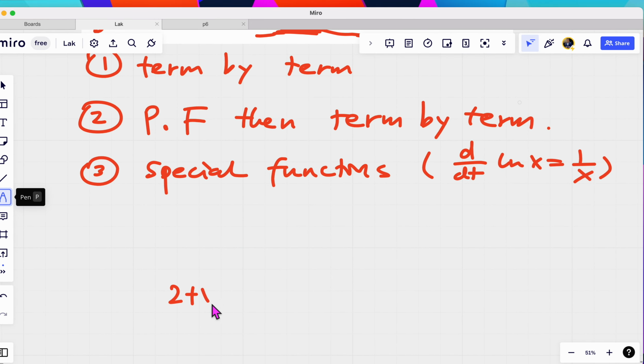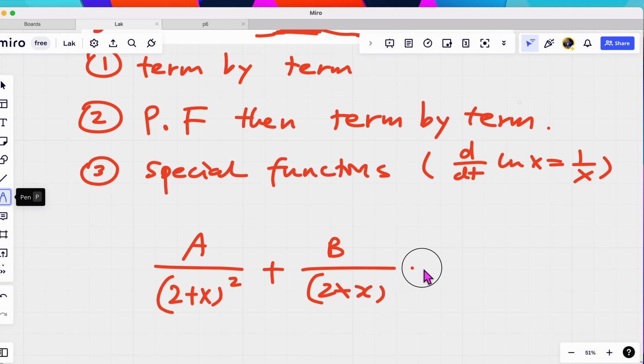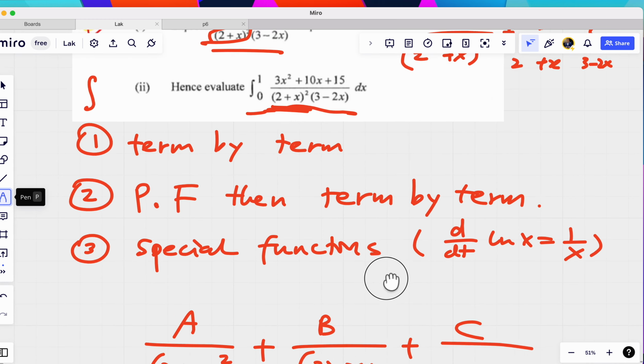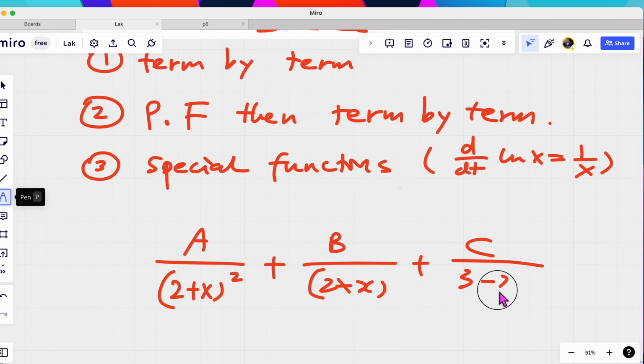So 2 plus x square a, which you need to find a. Minus 2x. So basically this is the one after partial fraction. So you're going to integrate from 0 to 1 with respect to dx, which is your second part.